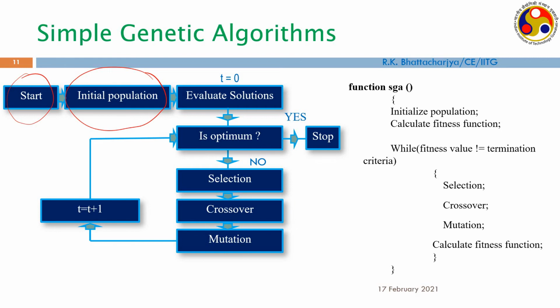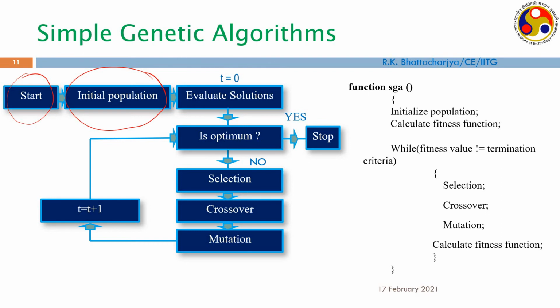And then evaluate the solution. Evaluating the solution means the fitness of the solution, how strong, how good that solution is. As I said, in nature those who are strong or fit will survive. Those who are not strong, not favorable for that particular environment, will be eliminated from the process.